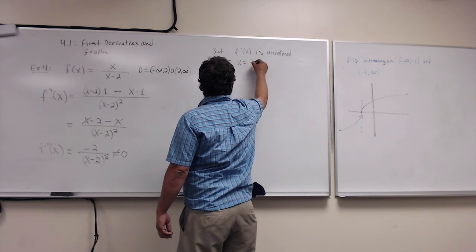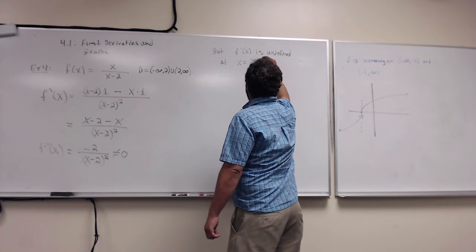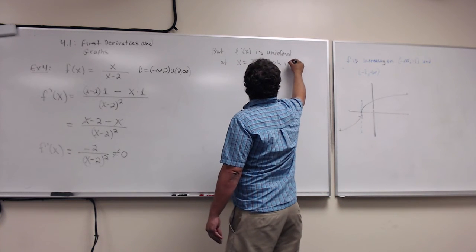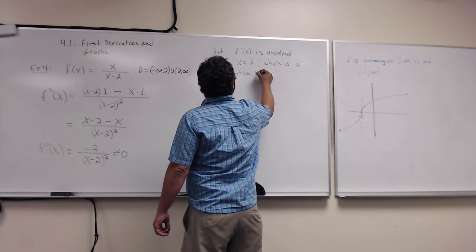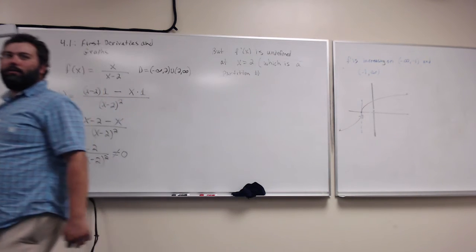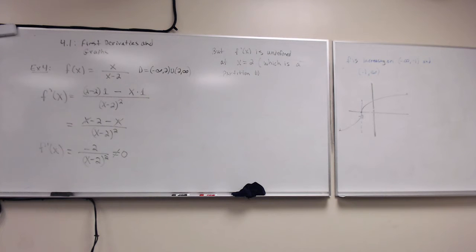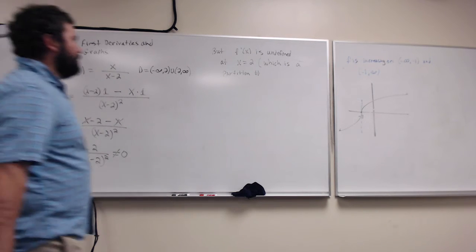At x equals 2. Which, I'll say this, is a partition number. But why is it not a critical number? It's not in the domain. Exactly, it's not in the domain of the original function. Okay, so it's a partition number, but it's not a critical number.